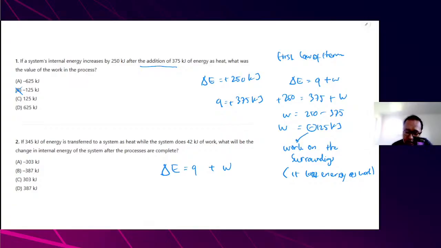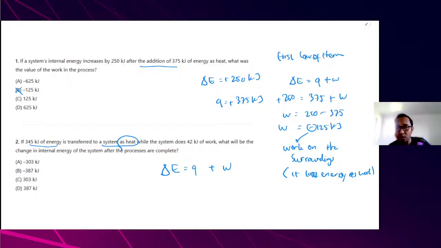As you can see, guys, the energy here is transferred to a system as heat.